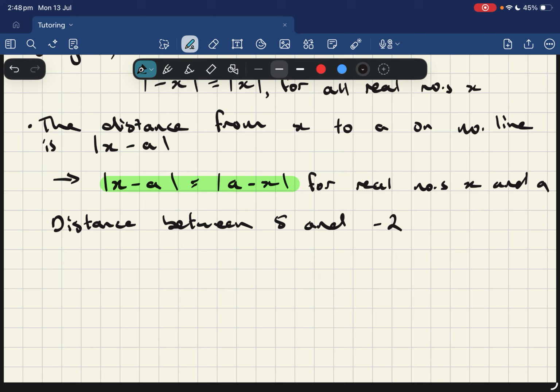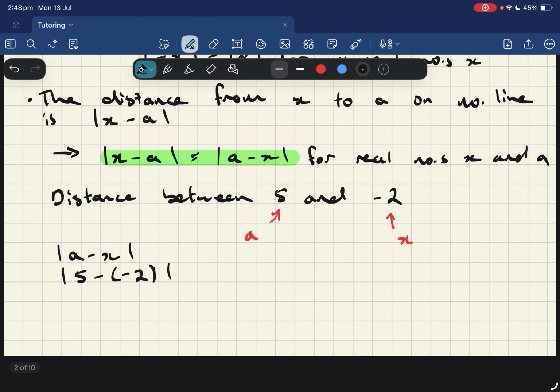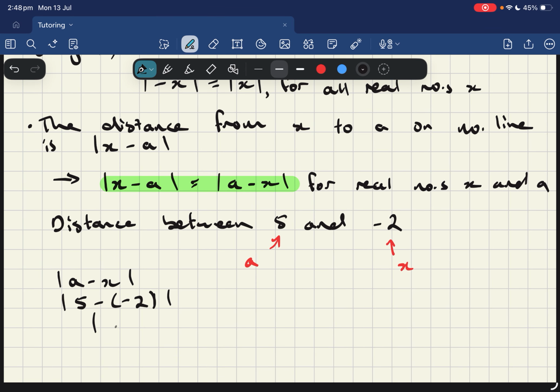Imagine if we said, let's take 5 to be A, and let's take -2 to be X. So two cases, if I did the absolute value of A minus X on this left-hand side, we can say that this would be 5 minus -2 and the absolute value of this. So 5 minus -2 is going to be 7, and the absolute value of 7 gives us 7.